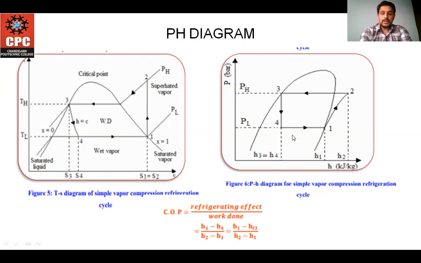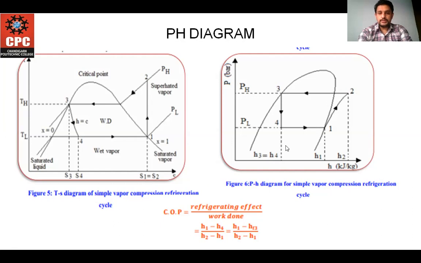In the enthalpy diagram, we can see that 4 to 1 is the refrigerating effect, where it is producing refrigeration due to extraction or absorption of heat from the space which is to be cooled. Mathematically, we can write that H1 minus H4, the enthalpy at point 1 minus the enthalpy at point 4, is the amount of refrigerating effect produced by any refrigerator or vapor compression cycle.